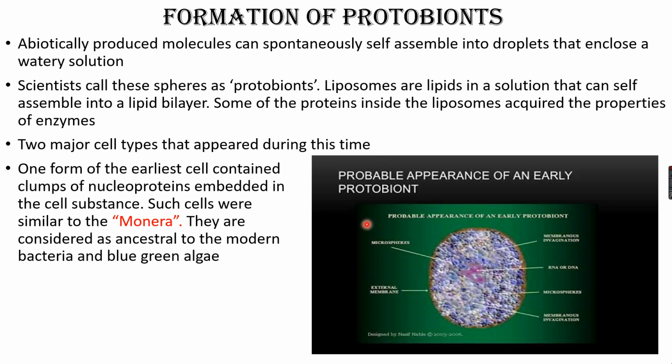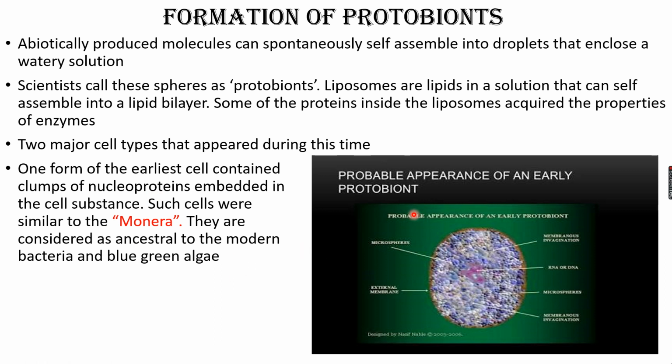Such cells or protobiont cells at the earlier period are mostly similar to the Monera. What is Monera? This is ancestral to the modern bacteria and blue-green algae. They develop from the Monera. We have studied about Monera, Protista. These are the various bacteria from which the modern bacteria develop.